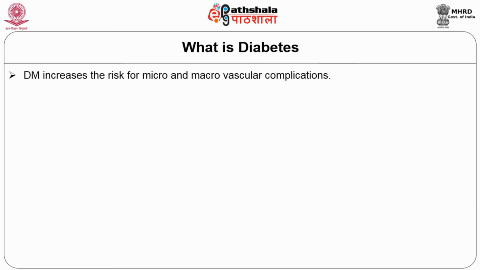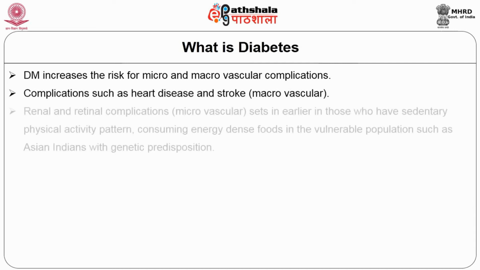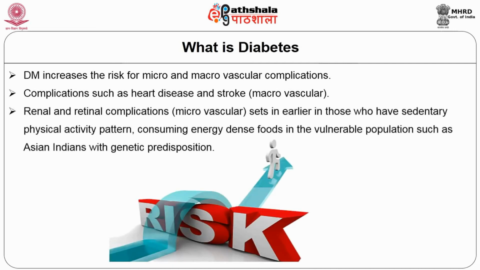Diabetes mellitus increases the risk for micro and macrovascular complications such as heart disease and stroke, which are macrovascular, and renal and retinal, which are microvascular, especially in those with a sedentary physical activity pattern. And Asian Indians with genetic predisposition have much greater vulnerability.